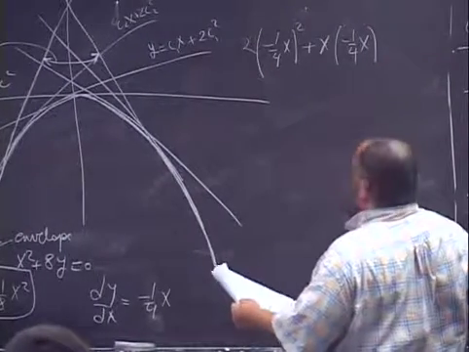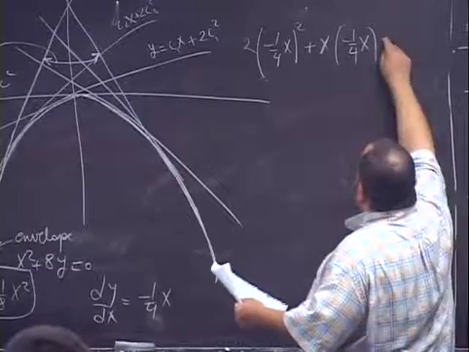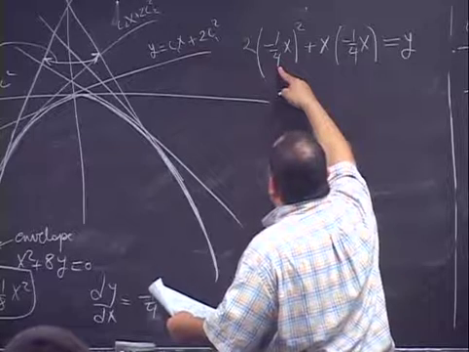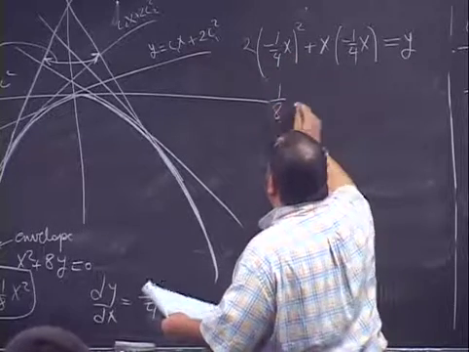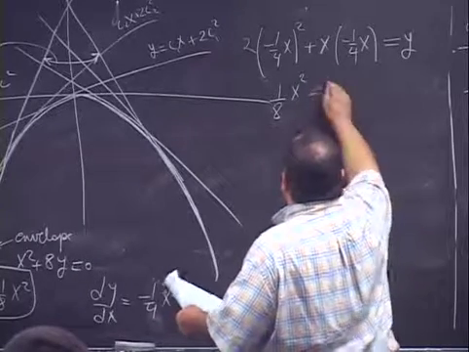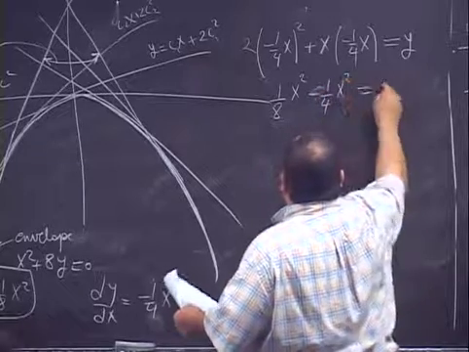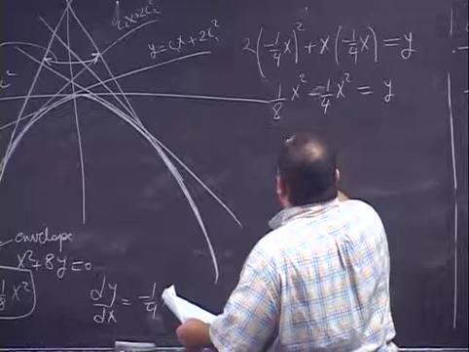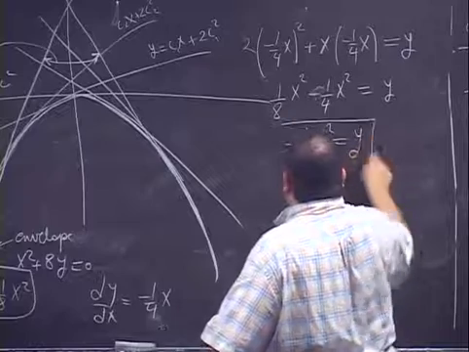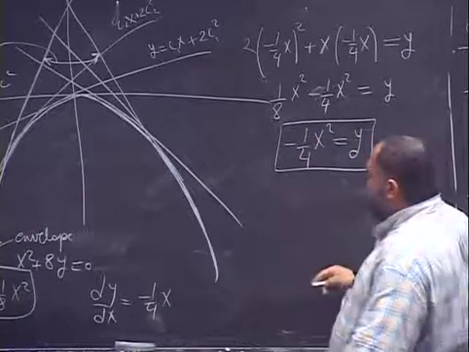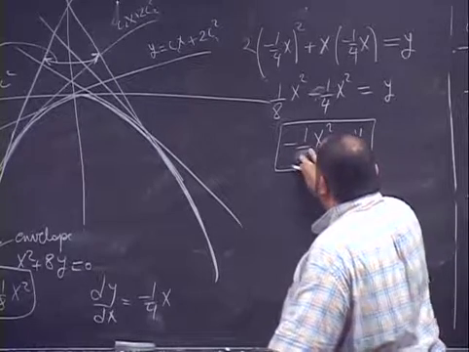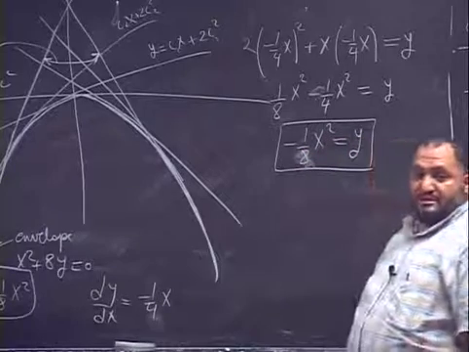Am I right or did I do something wrong? Equal to y. So this is 1/16 multiplied by 2, so 1/8 x² minus 1/4 x², equal to y. And this gives negative 1/8 x² equal to y. So is it a solution or not? Yes, it's a solution.